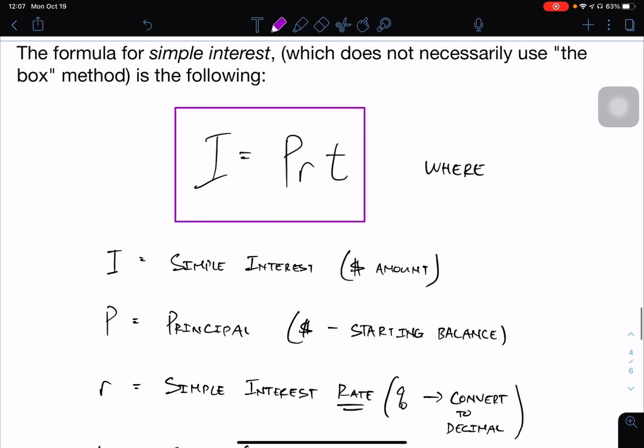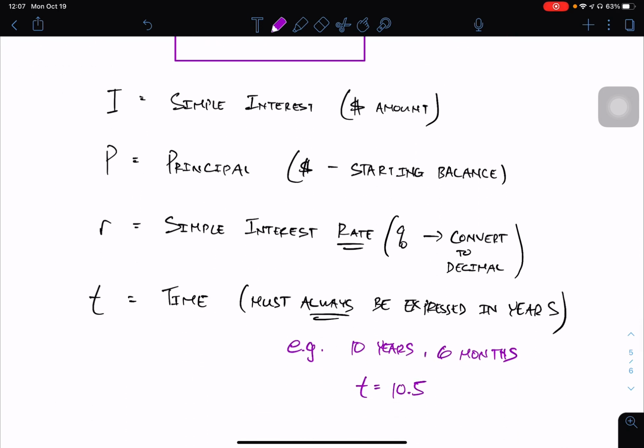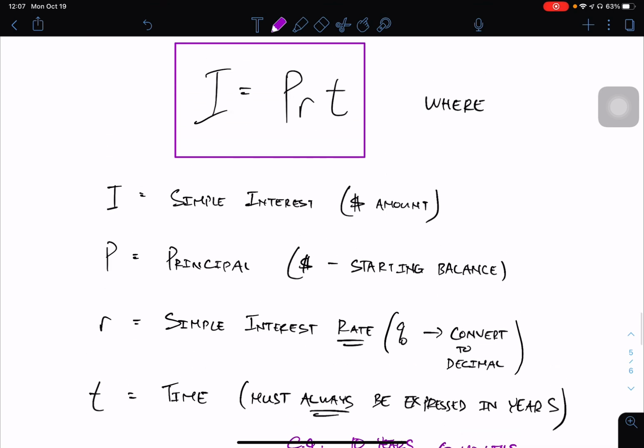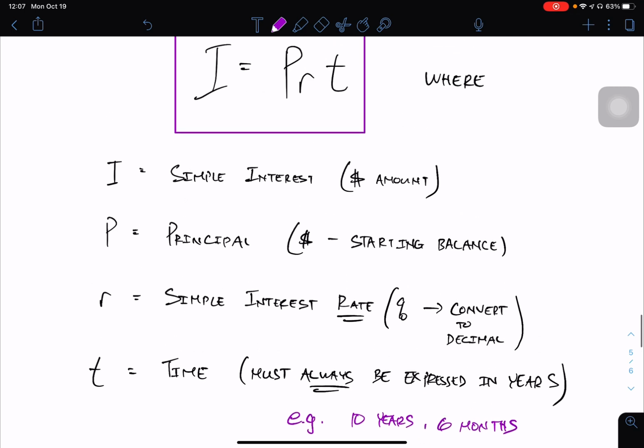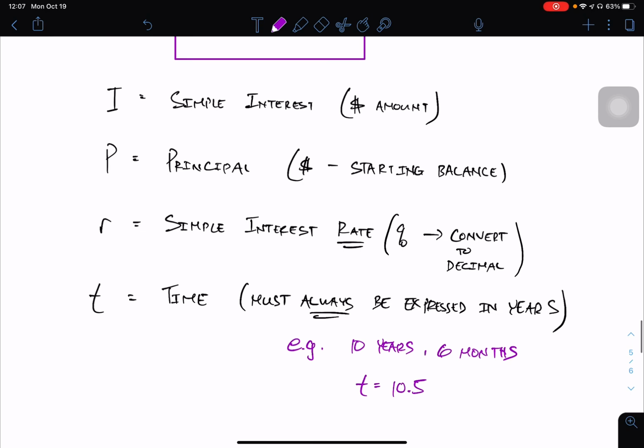So I just wanted to introduce the simple interest right here, which is the last part of the percentages chapter, and it doesn't necessarily use the boxes I stated up there. It looks more like a linear equation, right? I equals PRT, where if I give you 3 out of the 4 pieces of information, you should be able to solve for the last variable, all right?